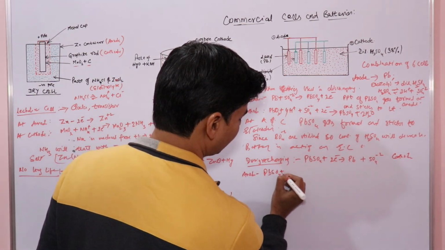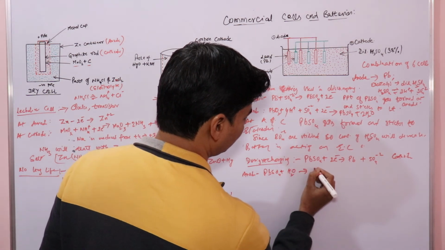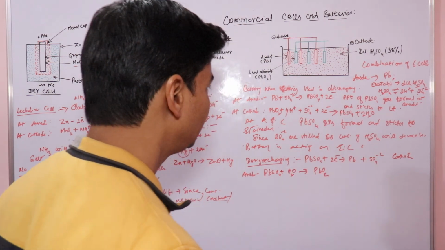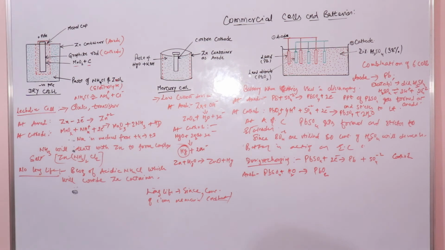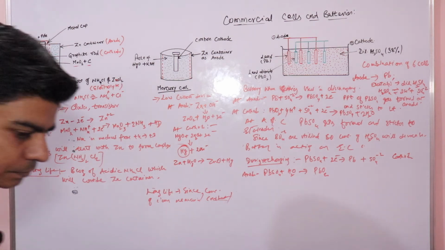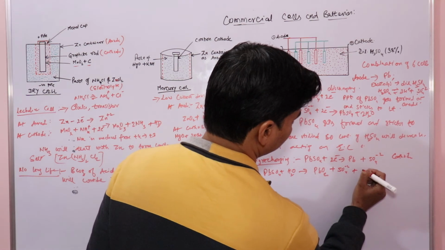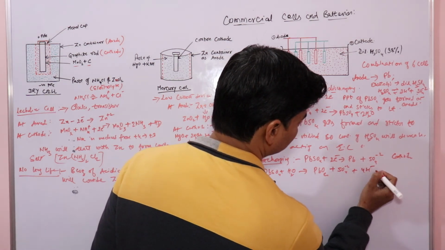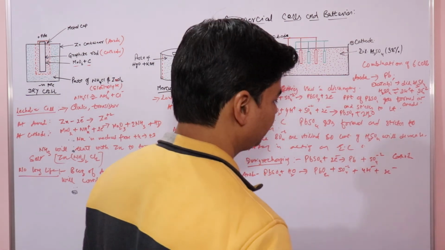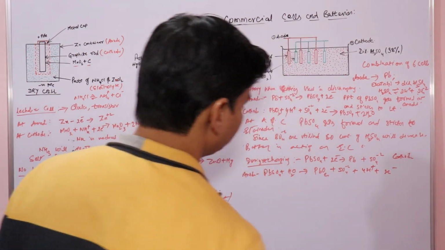PbSO4 will react with water to form PbO2, because we know that at the cathode we have a deposition of lead oxide, right. So PbO2 plus sulfate ions, this is the reaction that takes place at the anode. So lead dioxide is recovered due to this reaction.